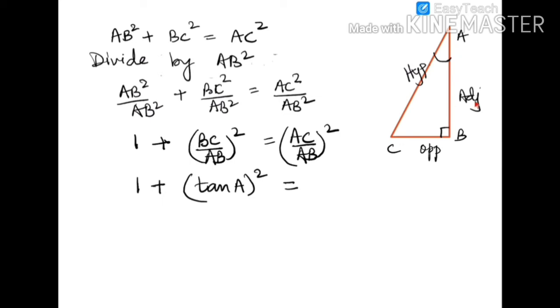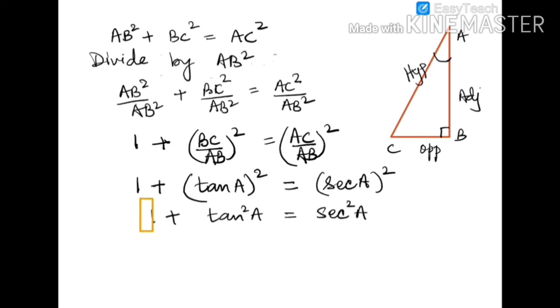So hypotenuse upon adjacent side is sec A. So we get 1 plus tan square A equal to sec square A. This is the second identity, and it can be written in two ways.